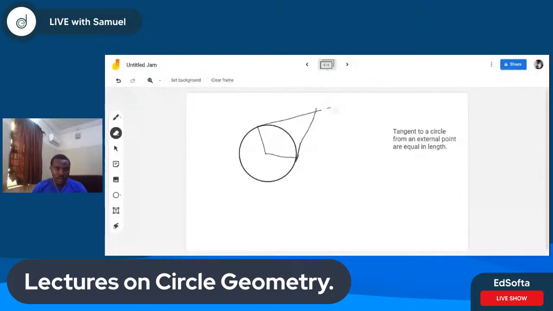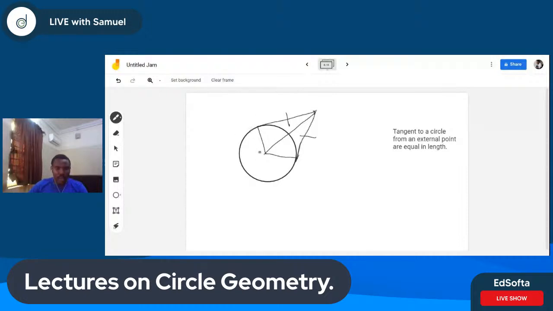What this is telling us is that when they both meet, the two tangents are going to be equal in length. So if your tangents both meet, the two tangents are going to be equal in what? In length.